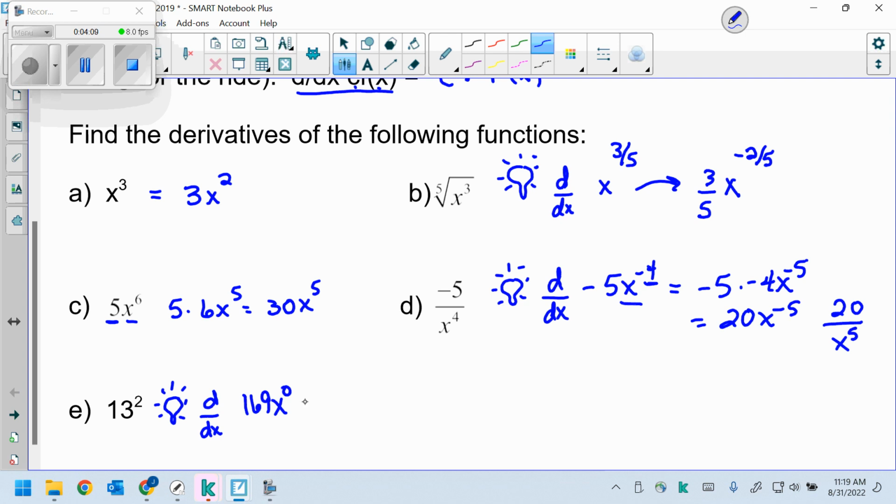And so I will have my coefficient come along for the ride. And then I'll multiply by 0 x to the -1. Well, if you're going to multiply by 0, you're all done. This derivative is equal to 0. The derivative of any constant, the derivative of 169, the derivative of -6, the derivative of pi. There's no variable given to you. It's a constant, and the derivative of any constant is 0.